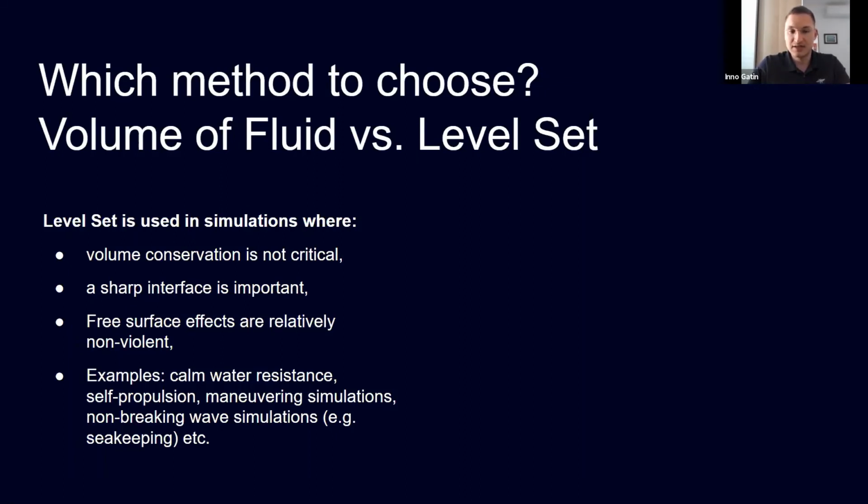Where free surface effects are non-violent, meaning that you don't have a lot of mixing and breaking going on. So you wouldn't want to use level set for dam breaking, for wave breaking, wave impact simulations, because that's where you will have the largest conservation error.